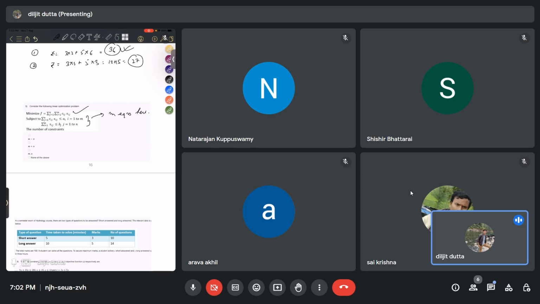And the second set is for j going from 1 to n, so there will be n equations. So how many total constraints will we have? The total number will be the sum of these two, that is m plus n. This is just simple.